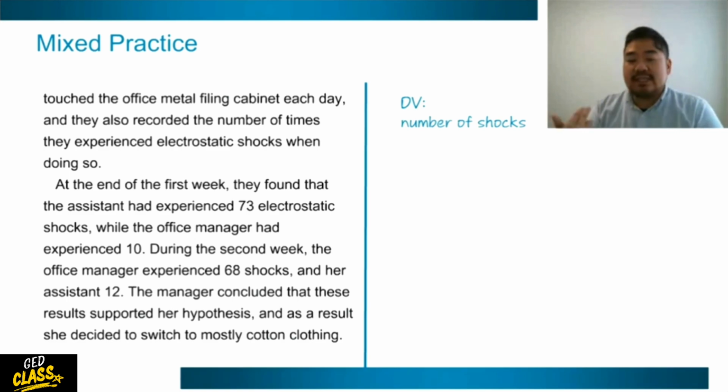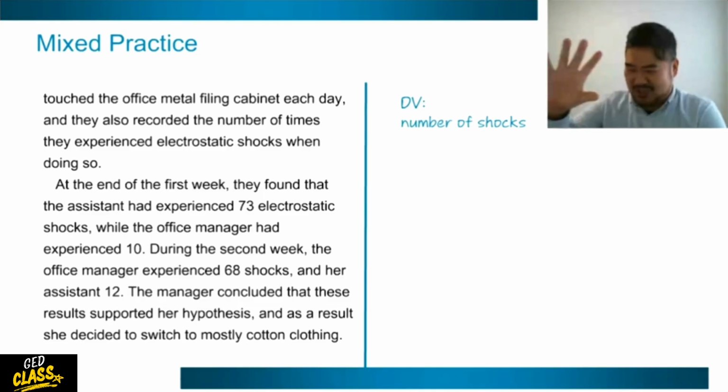So then from there, we see the results of this experiment. At the end of the first week, they found the assistant had experienced 73 electrostatic shocks, while the office manager experienced 10. During the second week, the office manager experienced 68 shocks and her assistant 12. So notice, wait a minute, what's going on here? That first week, the assistant got shocked more. During the second week, the office manager got shocked more.